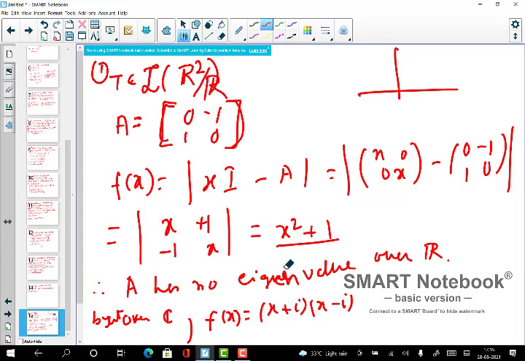So the characteristic polynomial is the same over R and over C, but you see that if we change the underlying field, the eigenvalues may also change. This is one simple example, and maybe you can give some more interesting examples.